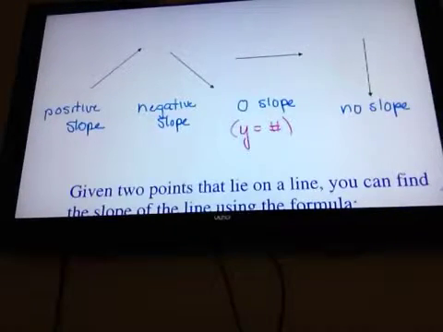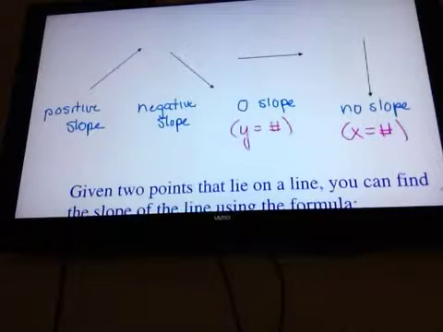So you want to know those facts together, that a horizontal line has a slope of 0, and then back from goal 2, we know that that was a y equals. A vertical line, which has no slope, that's an x equals some number. So you want to piece those three pieces of information together.